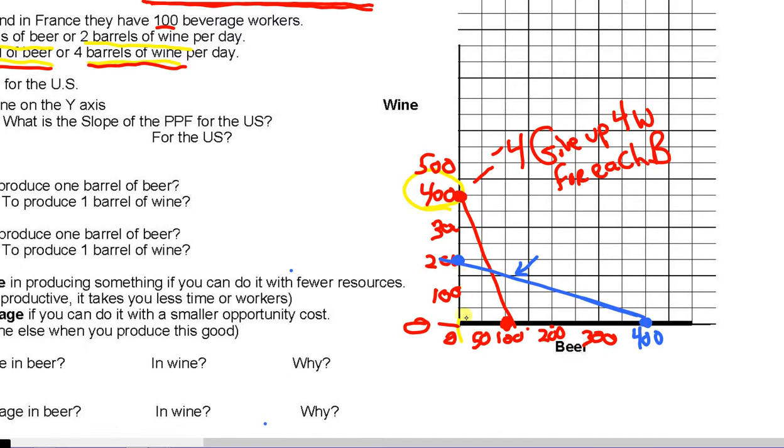But since that's down 200, the slope here is -1/2. And so the slope of this production possibilities frontier for the U.S. says that when we want a beer, we have to give up 1/2 of a wine per beer that we want to get.